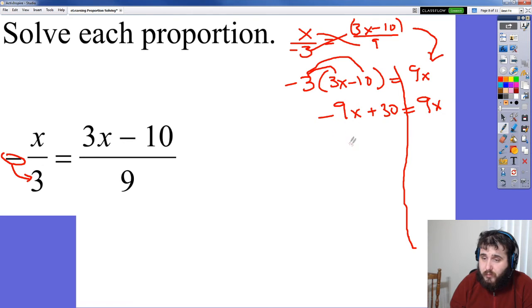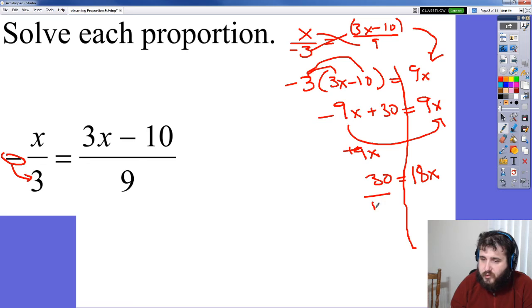Why not take the variables on the left and bring them over to the variables on the right? Since this is negative, we're going to add 9x over. We're going to add 9x, and we're going to put it over here. And we've got 30 equals 9 plus 9 is 18x.